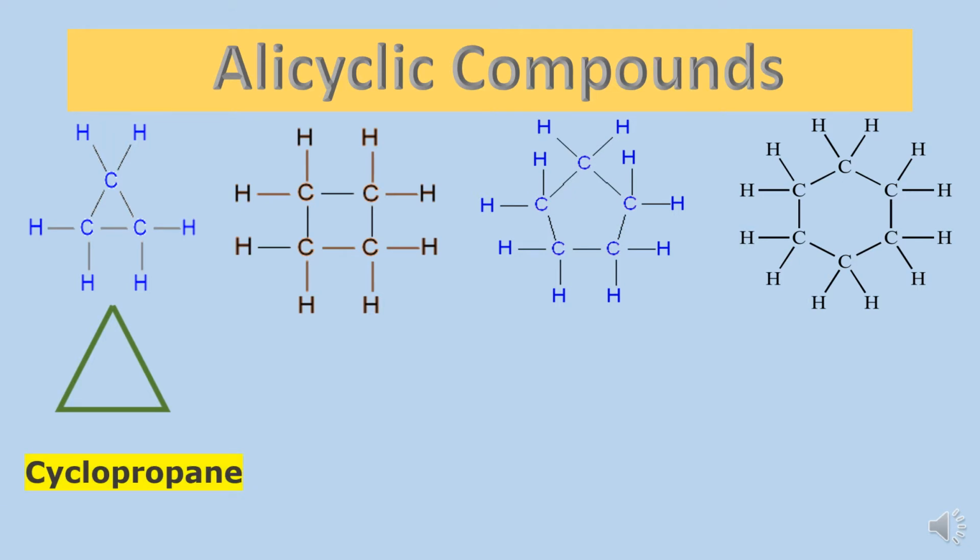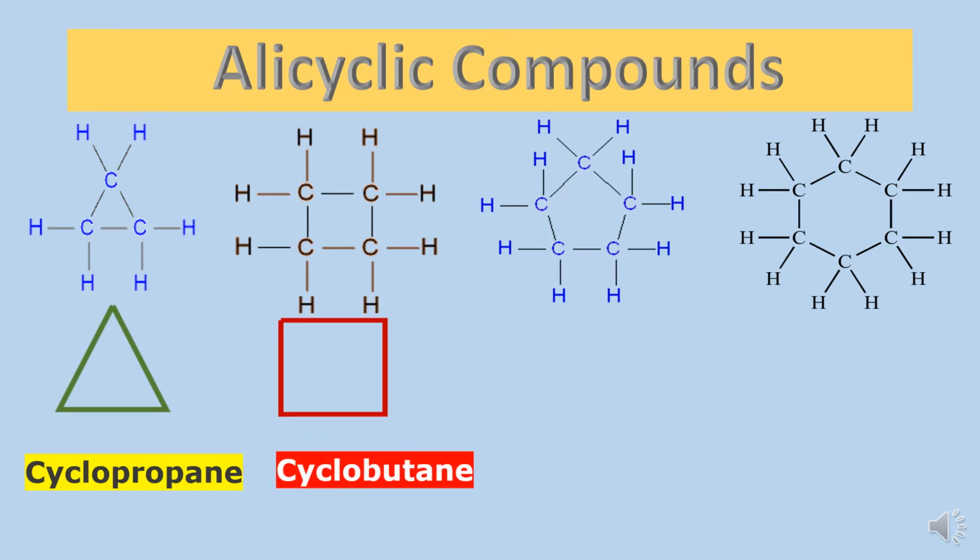The next compound is a ring of 4 carbon atoms with all single bonds which can be represented by a square, and its IUPAC name is cyclobutane. The next compound is a ring of 5 carbon atoms. The formula is C5H10, which can be represented by a pentagon, and its name is cyclopentane.